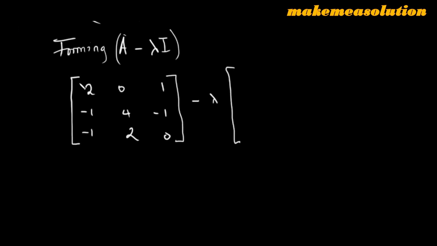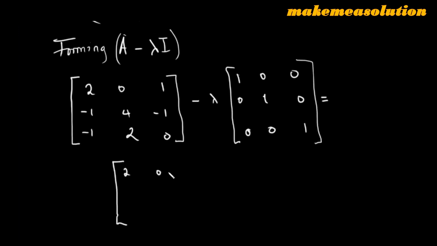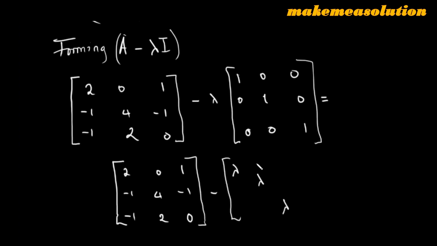Your identity will be of equal size with A, so you have a 3 by 3 identity matrix, with λ on the diagonal and 0 elsewhere.